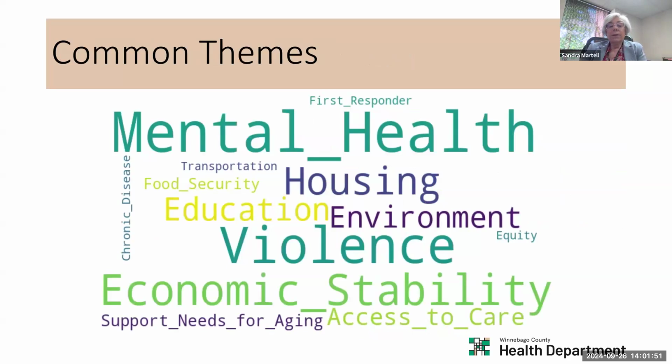So here are the common things. This is just a word cloud. And I'm sure that if I were to look at almost everyone's who's on the call, if you were to look at most of our communities, mental health obviously comes up as one of the top, along with violence and economic stability. Some news for us was support needs for aging population, but that was confirmed.